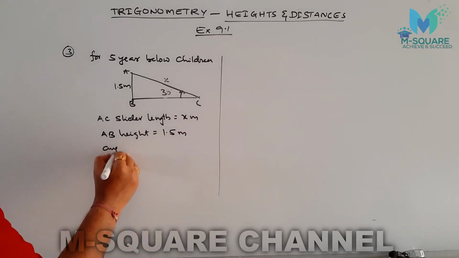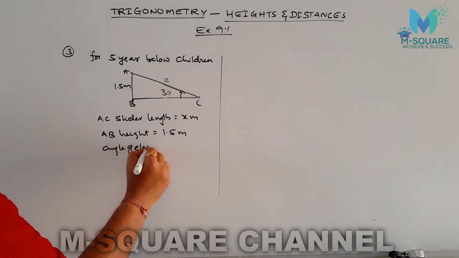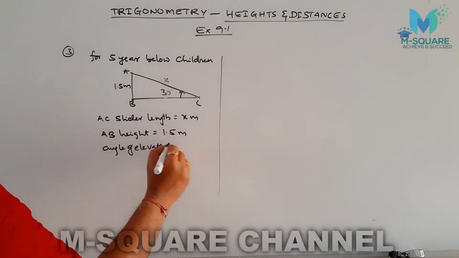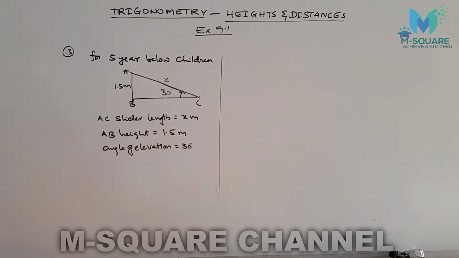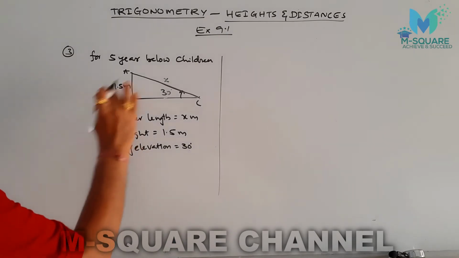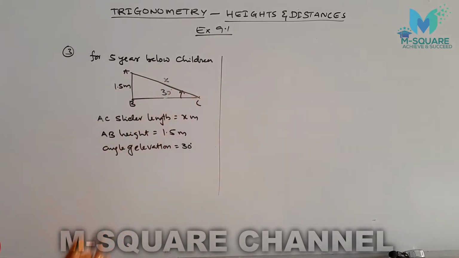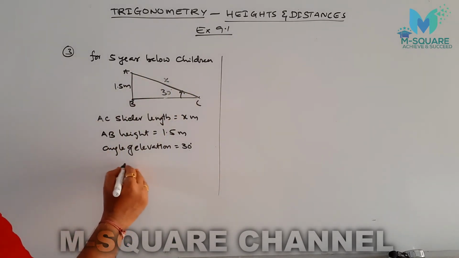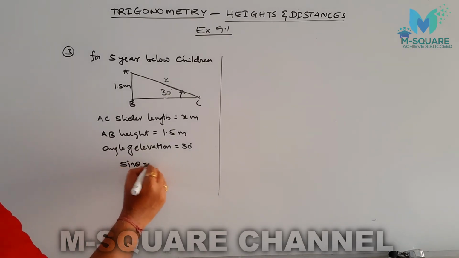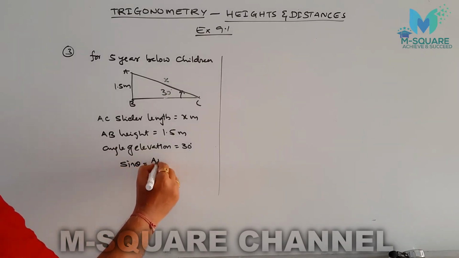So the angle of elevation equals 30 degrees. Now I am going to take opposite by hypotenuse, that is sin theta. So I am writing AB by AC.